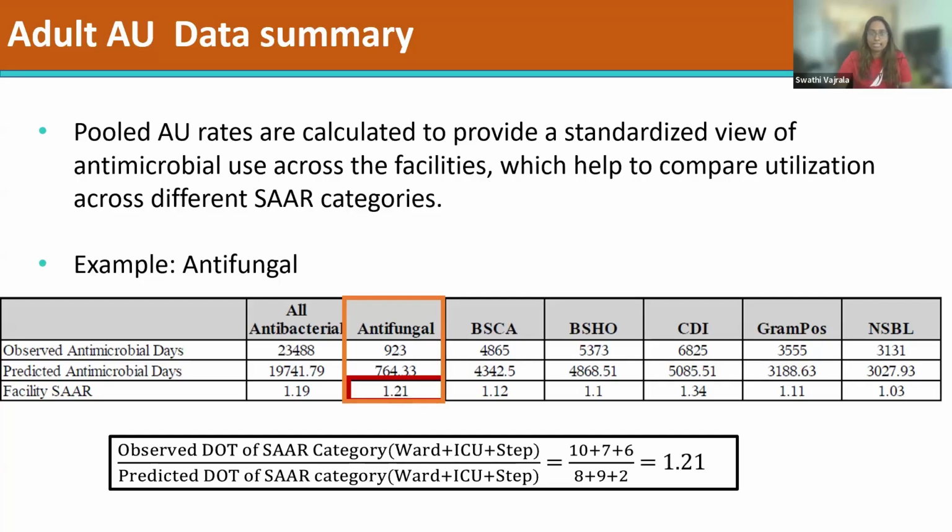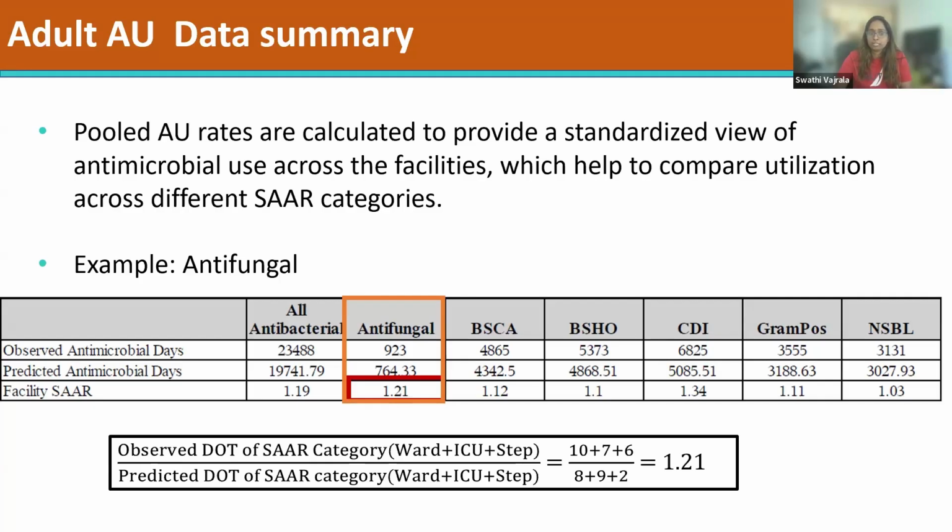If we look at one example, let's take the antifungal. The observed antimicrobial days for facility X is 923, with predicted antimicrobial days of 764. If we want to see the SAR value for the antifungals, it will be 923 divided by 764, which makes 1.21.